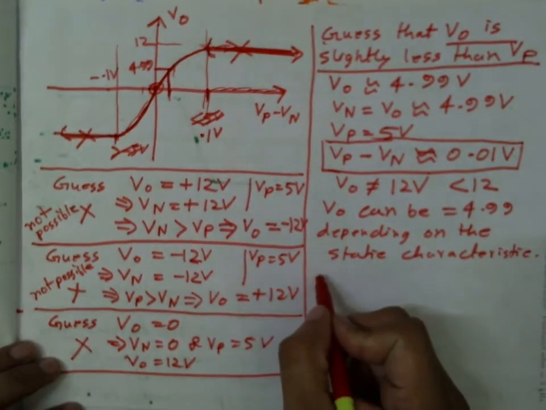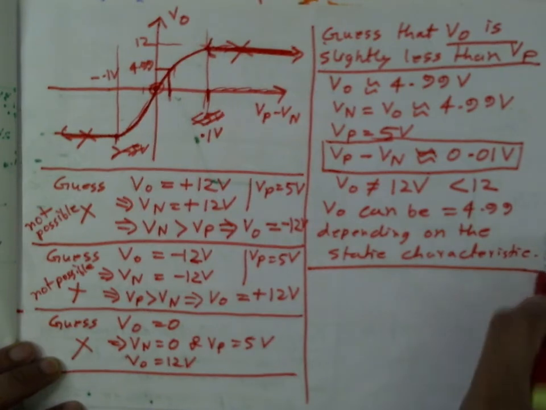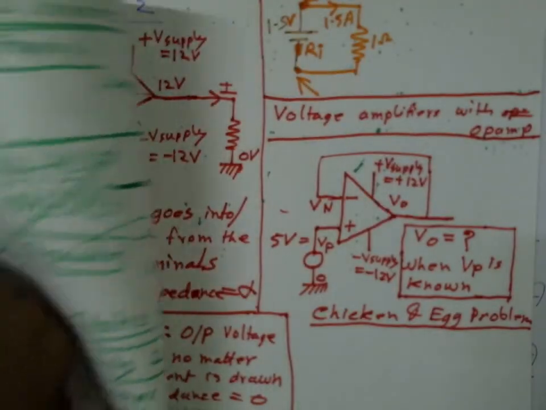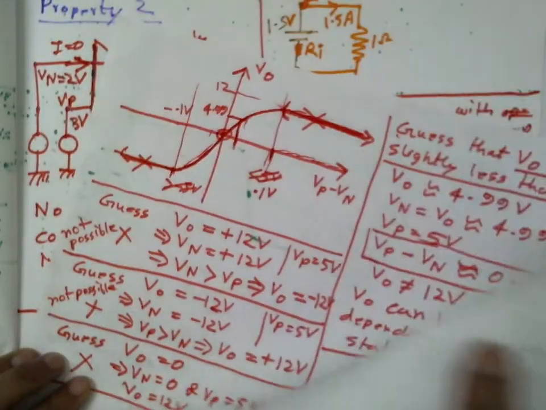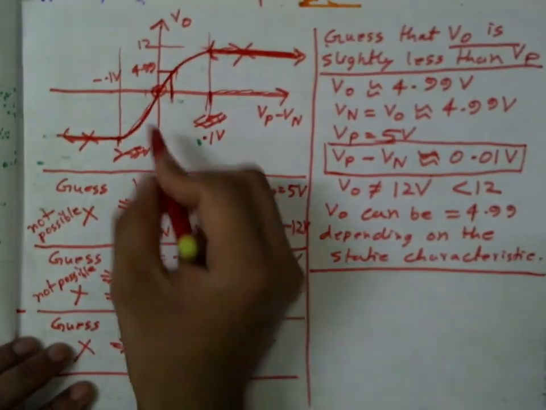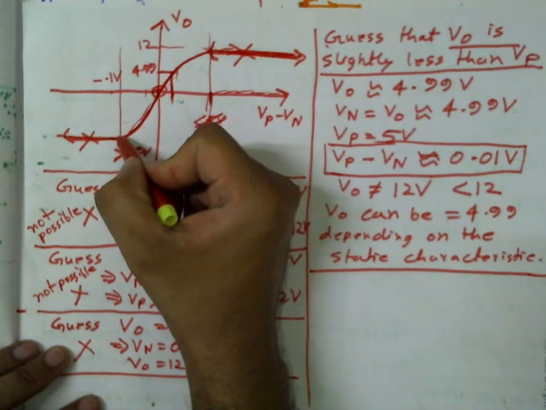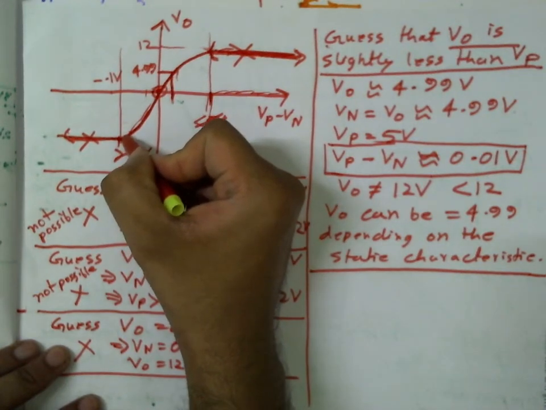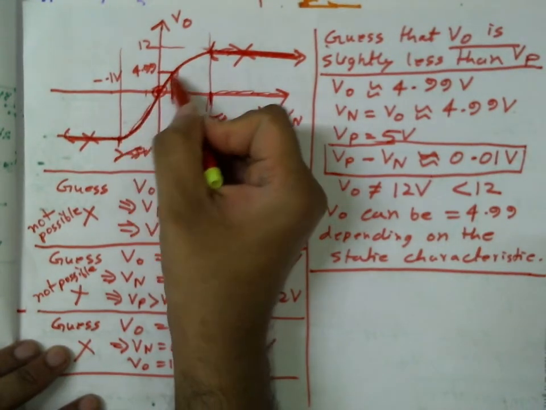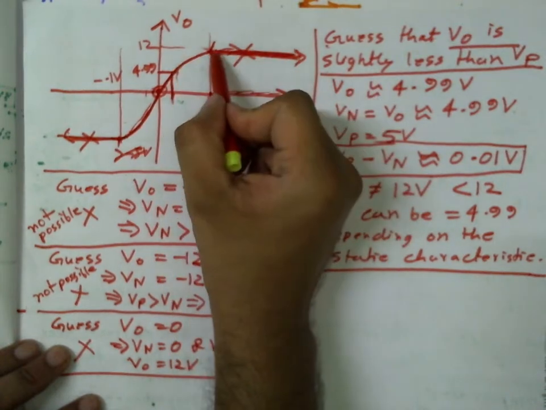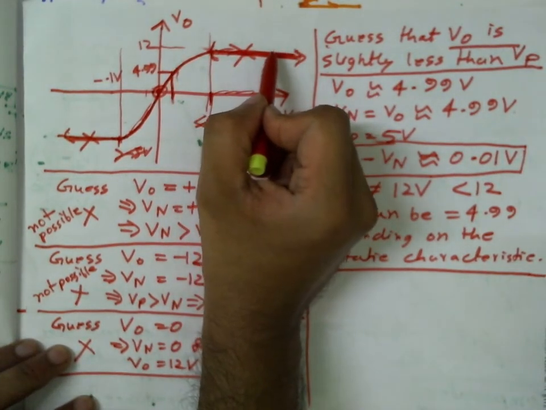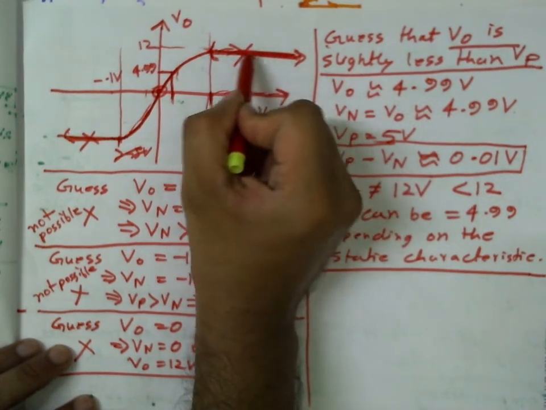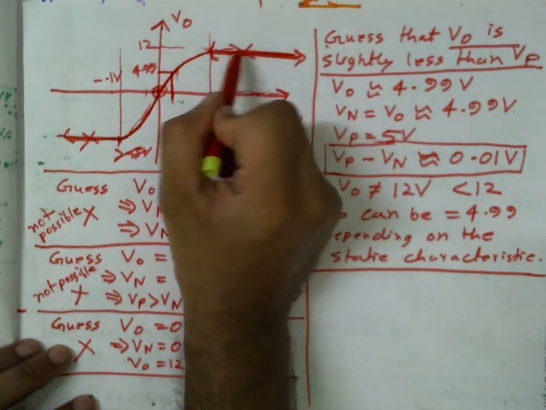So the conclusion is that in this circuit, the solution for VO, that solution point, will stay in this increasing region of the static characteristic. It will not be in this 12 volt region, which we call saturation, where the output is saturated, fixed.